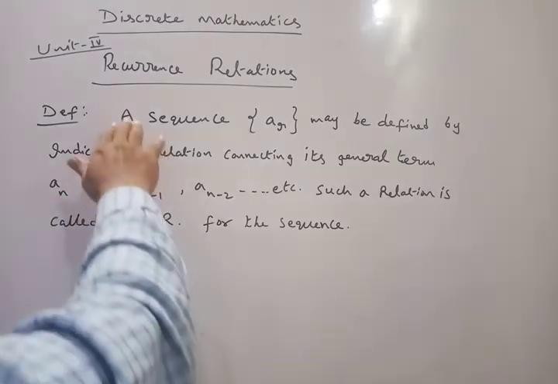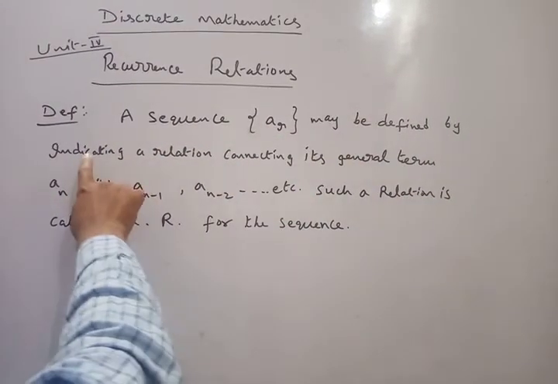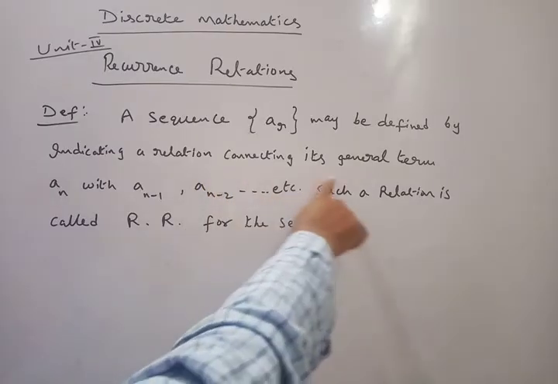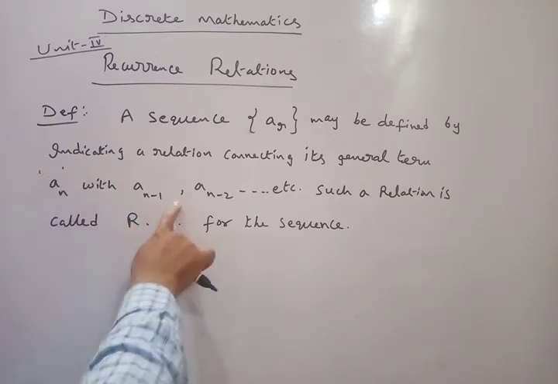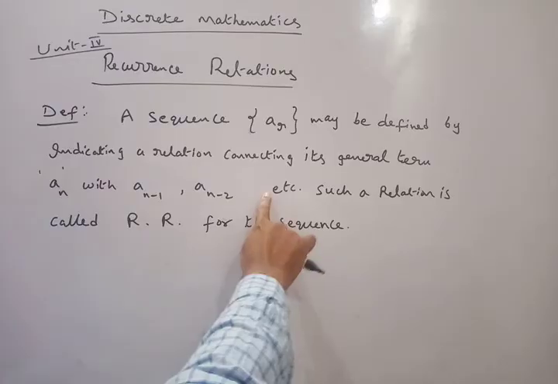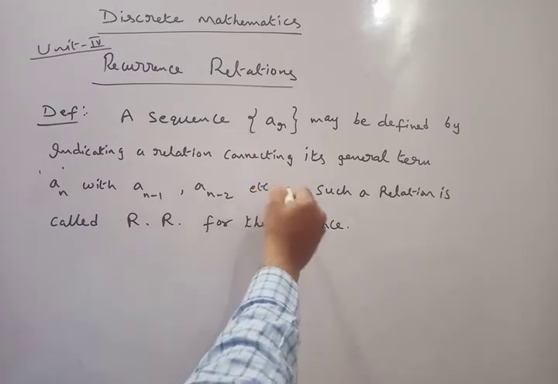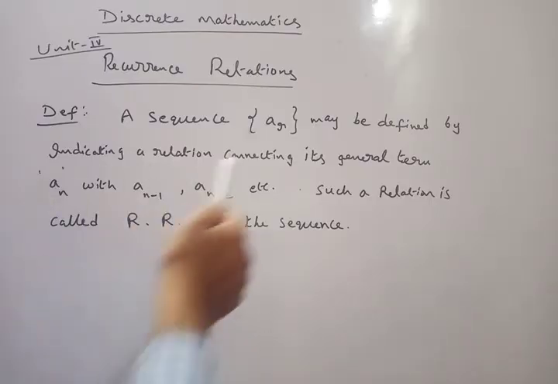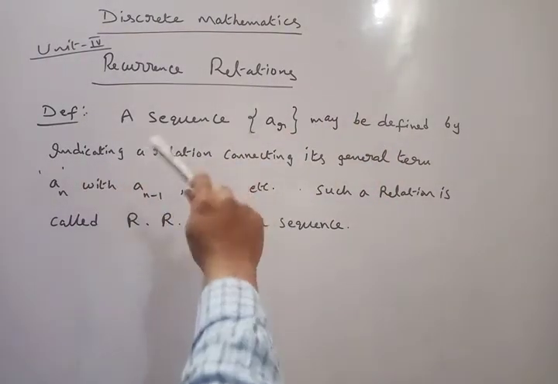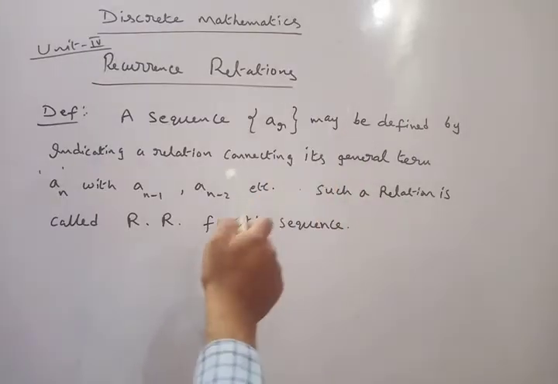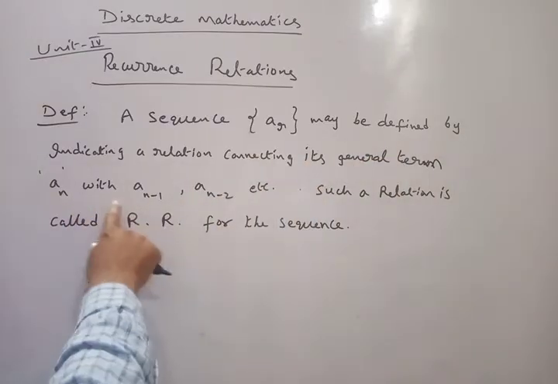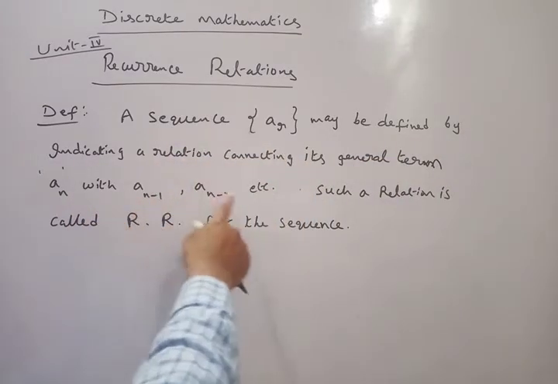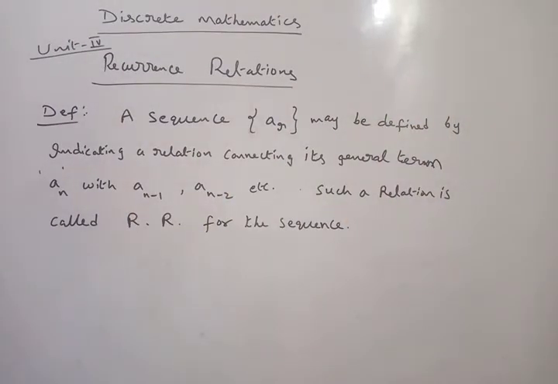What is the definition here? A sequence a_n may be defined by indicating a relation connecting its general term a_n with its lower terms a_(n-1), a_(n-2), etc. Such a relation is called a recurrence relation for the sequence.